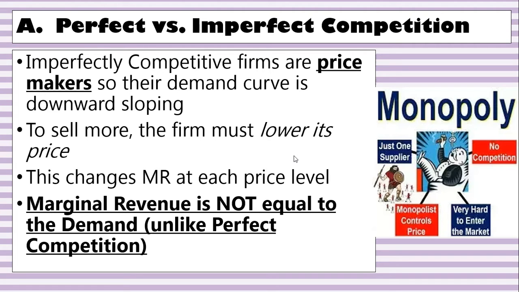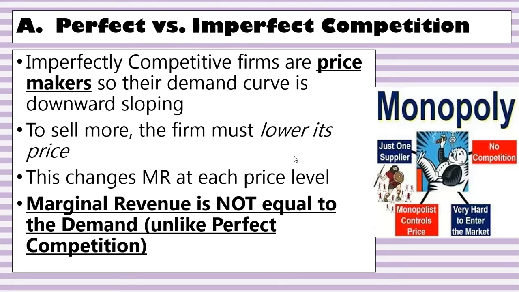It's technically true of oligopoly, but we don't work with it that way. Marginal revenue is not equal to demand the way that it is in perfect competition. You don't have MR equals D in monopoly, because the demand curve and the marginal revenue curve are going to be separate. They're two different things because they are not the same at each level.